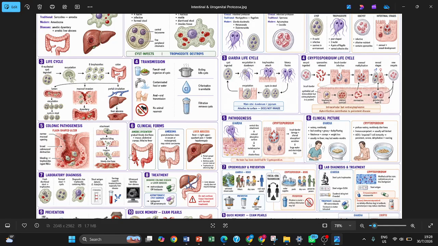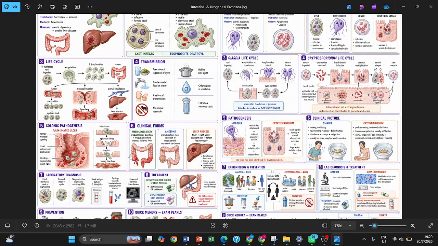After invading, it causes bloody diarrhea. Secondarily, it can enter the portal circulation, seed into the liver and cause liver abscesses, and also seed into the lungs and the brain, giving rise to a lot of clinical features.